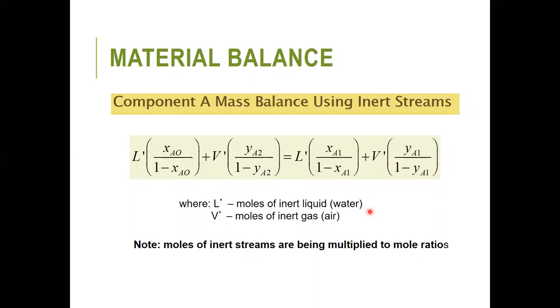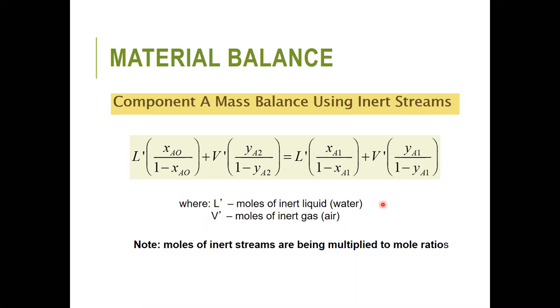But in gas absorption class, most of the time our solvent is just pure water. So the entire molar flow rate of our solvent, which is water, will also be equal to L prime. But in cases wherein our solvent contains another component, then the inert part will be the water.